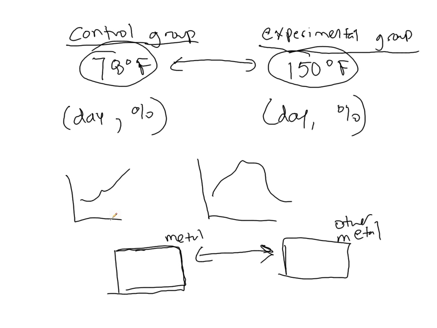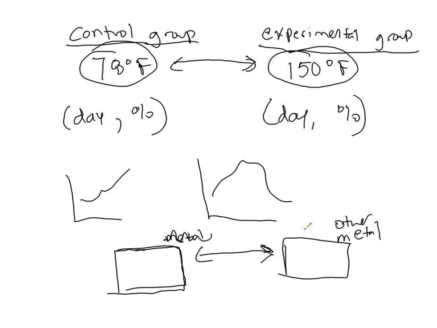So if you observe different results, how do you know for sure? You might think it's due to the temperature, but how can you be absolutely sure that there wasn't some sort of interaction between the type of material and the temperature, or maybe it was just the material and the temperature had no effect, or maybe it was just the temperature and the material had no effect? You don't really know for sure.